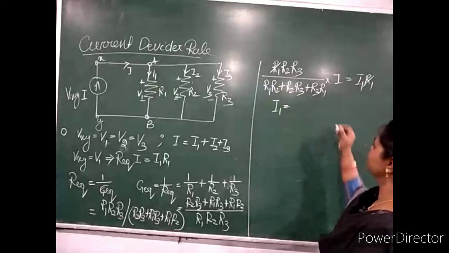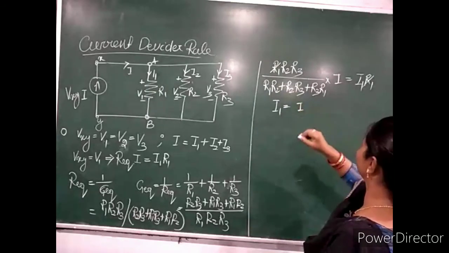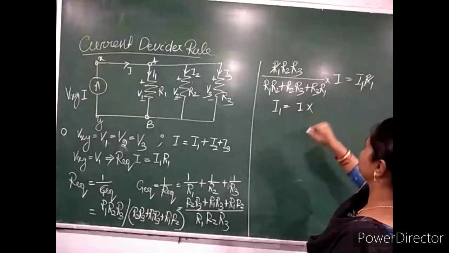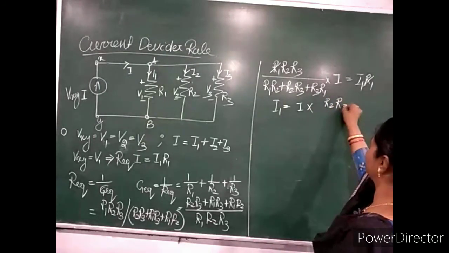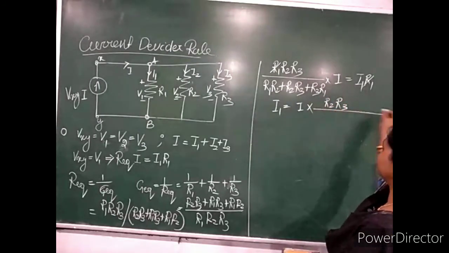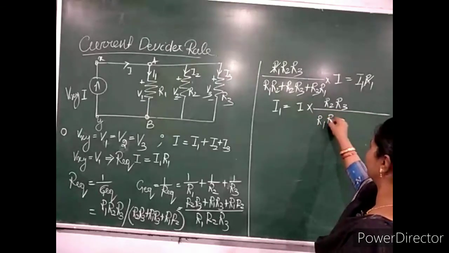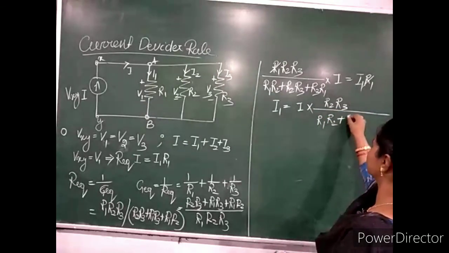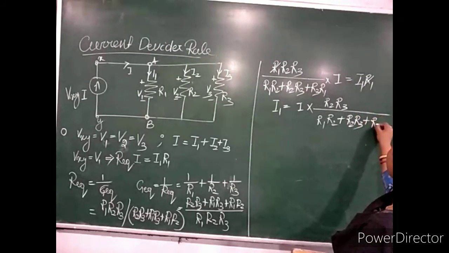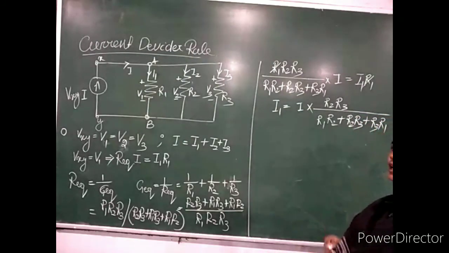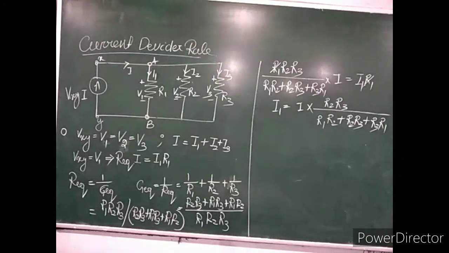The current I1 is equal to total current into R2 R3 divided by R1 R2 plus R2 R3 plus R3 R1. Clear?